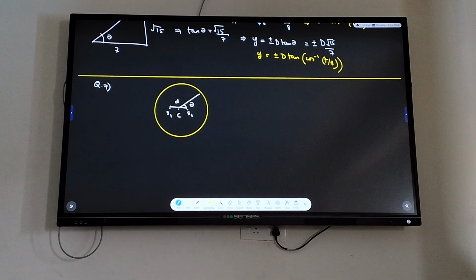Sir, theoretically, when is the maximum formed? When the condition of maxima is satisfied. You don't know that.